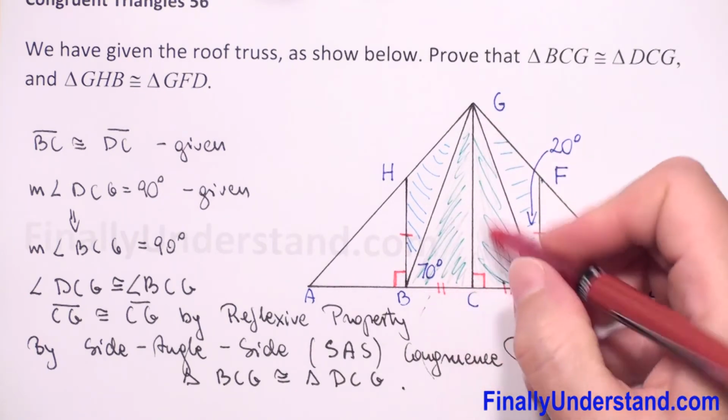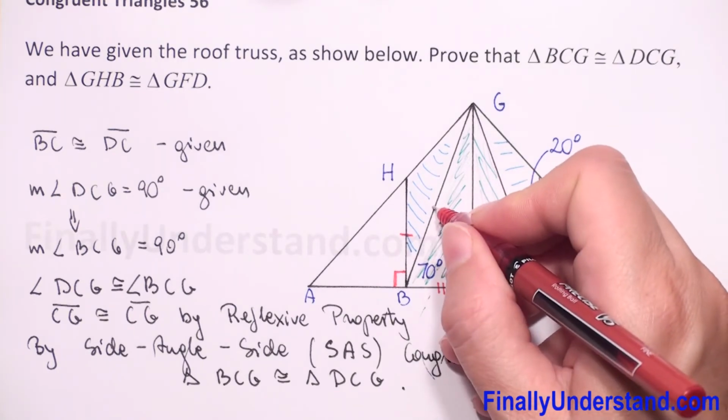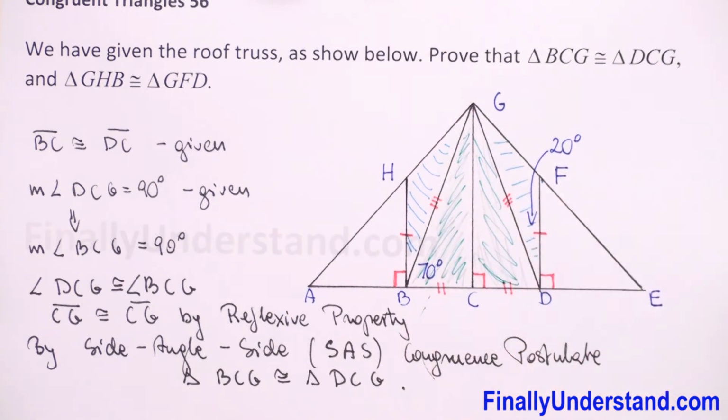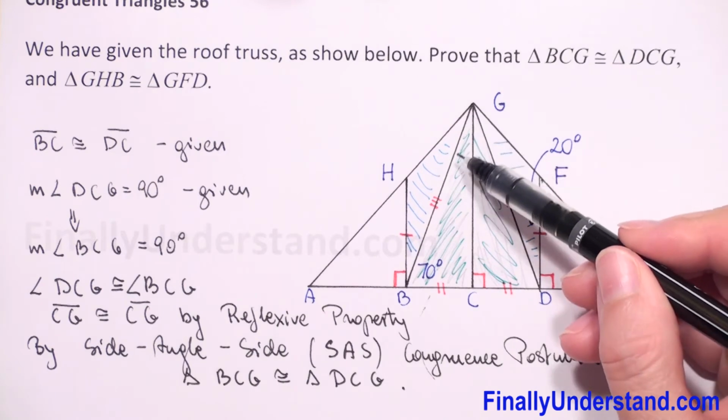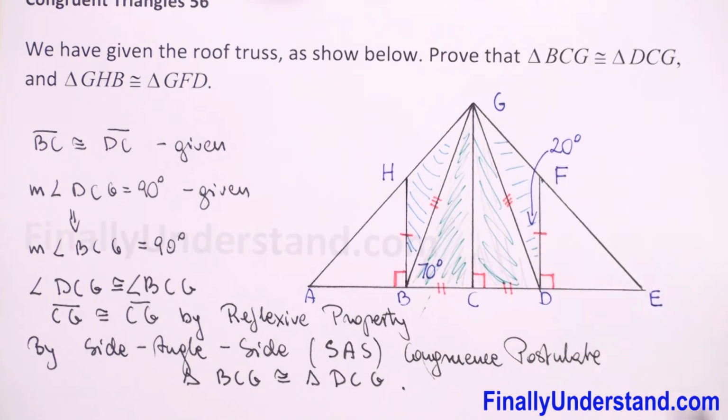These two sides are legs of our right triangles, so this hypotenuse is congruent to that. Why? We have this from the proof that triangle BCG is congruent to triangle DCG. Because if these two triangles are congruent, corresponding parts of congruent triangles are congruent. So we can write that GB and GD are congruent.